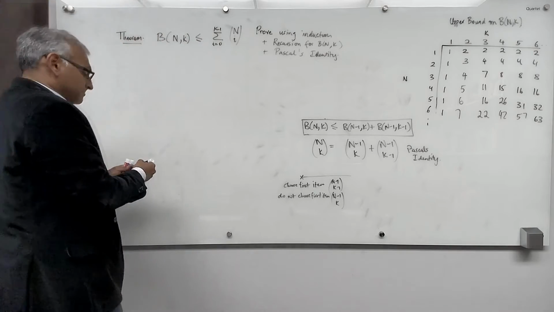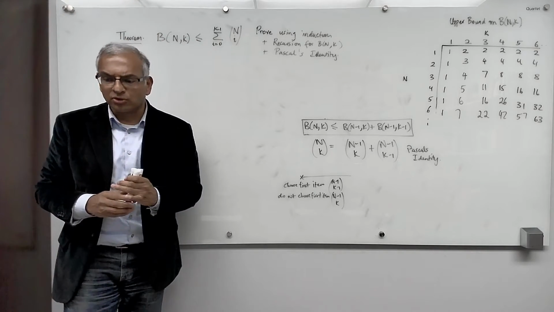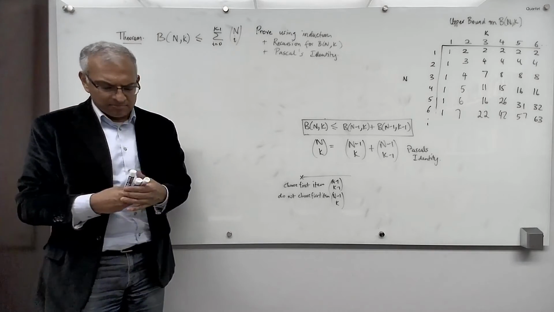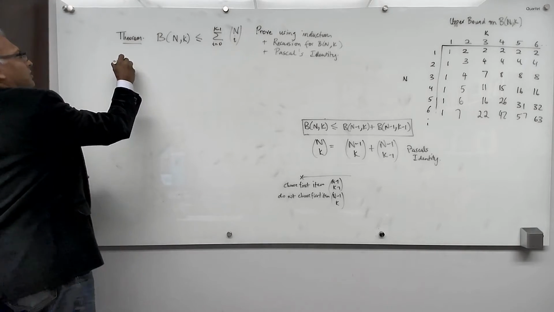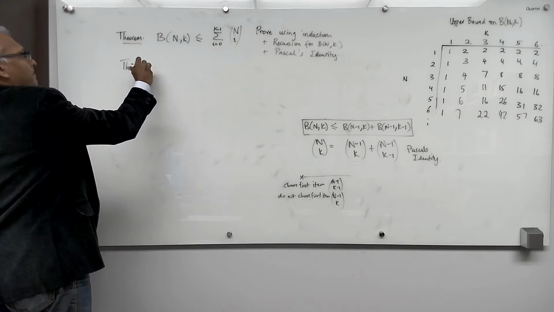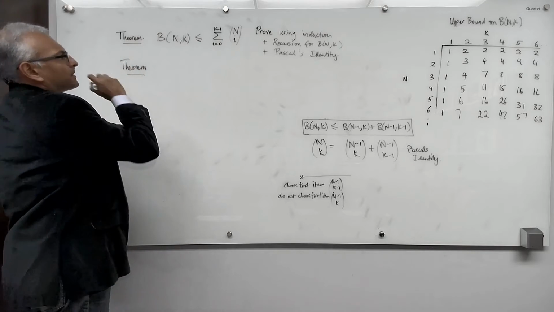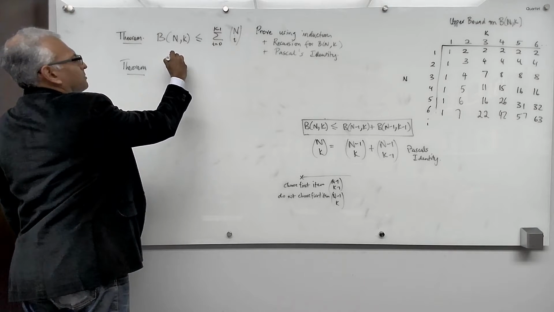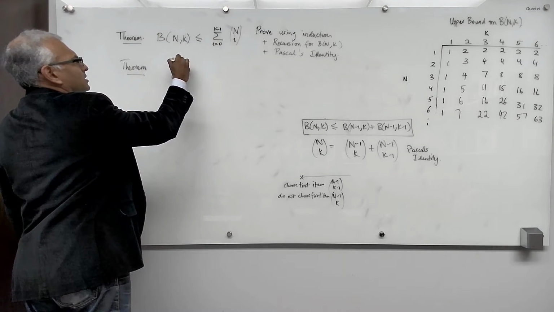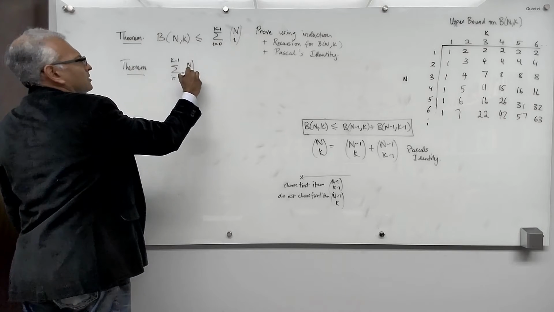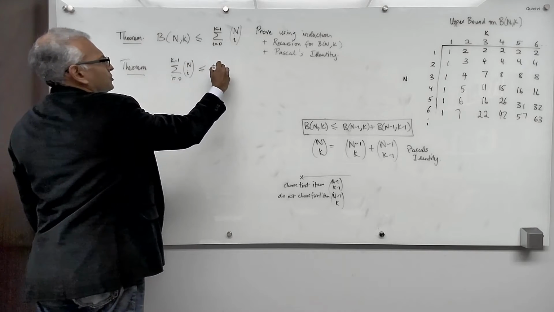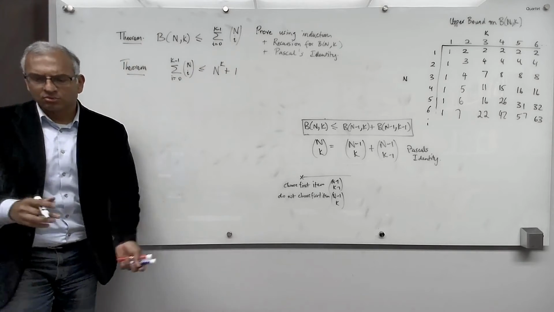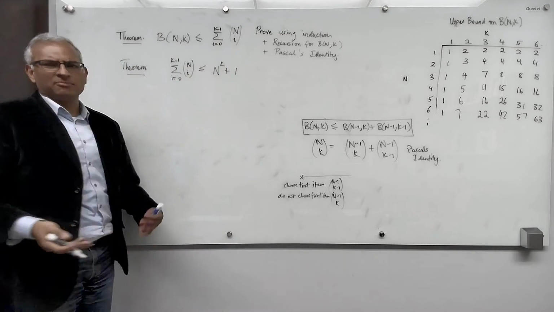It turns out that there are other interesting mathematical facts. So theorem: the sum from i equals 0 to k minus 1 of n choose i is at most n to the k plus 1. Again, you can prove this by induction, but now these are just mathematical facts.